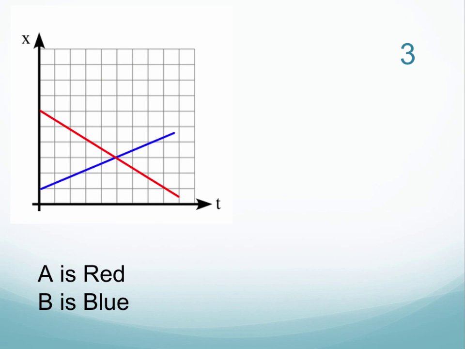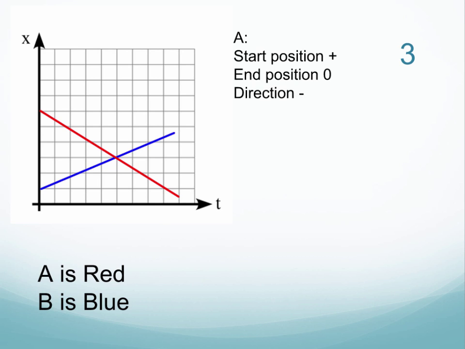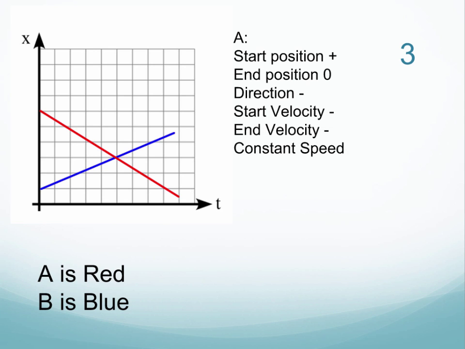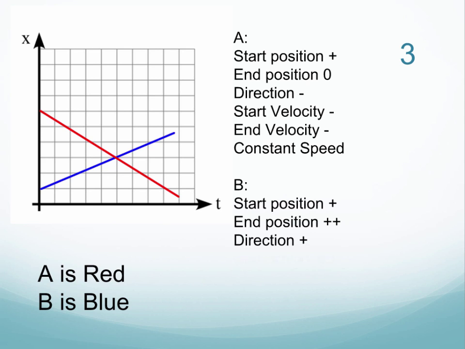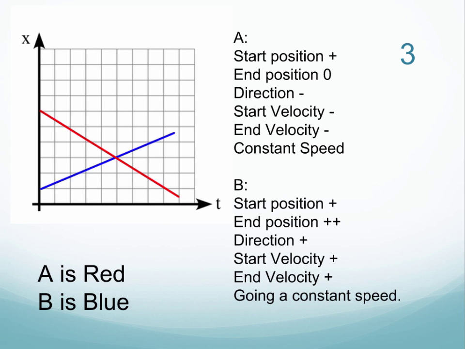Number 3, A started at a positive position, ended at 0, went in a negative direction. Had a starting velocity that was negative, ending velocity was the same negative, it's going at a constant speed. Object B started at a low positive, ended at a higher positive, direction was positive, starting velocity was positive, ending velocity was the same positive, and it's going at a constant speed.